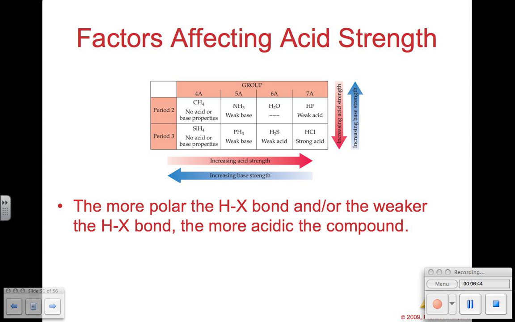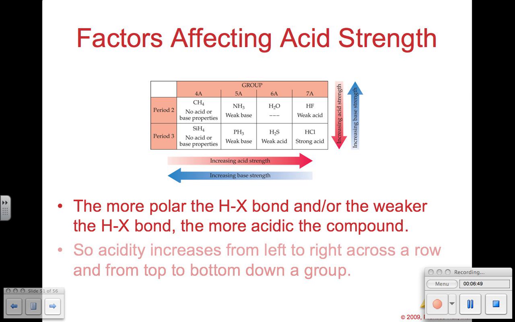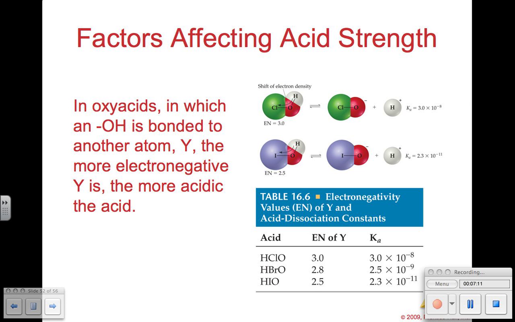It's a really useful tool to have solidified in your mind. If you came across one, you wouldn't necessarily have to have these memorized, but could position them on the periodic table and predict their properties in relation to their position. So acidity increases from left to right across a row and from top to bottom down a group.